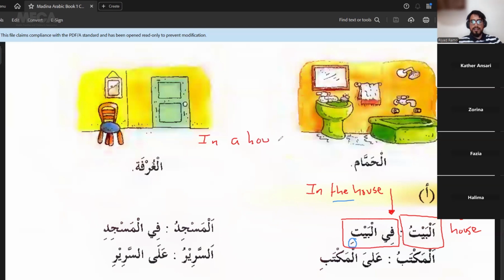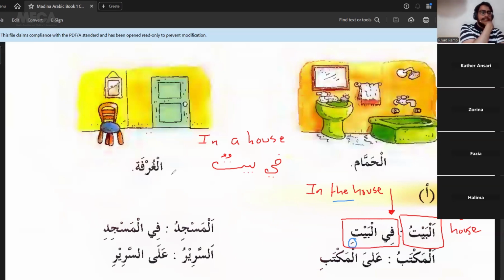Fee beitun? Our house would be tun. Ton. Ton. You got it, ton. So fee beitun, right? Fee beitun. Yeah. Naam. Fee beitun. Ton.